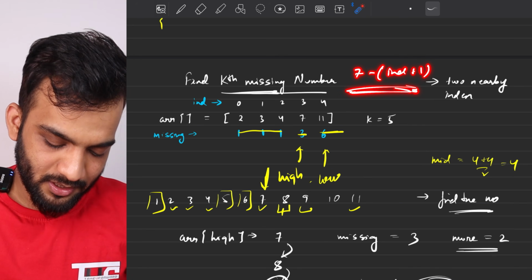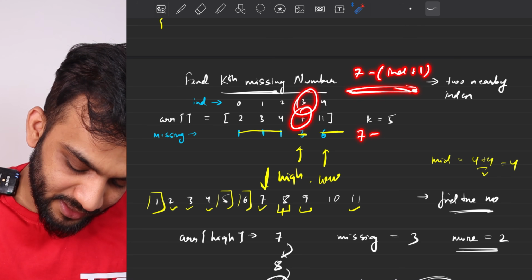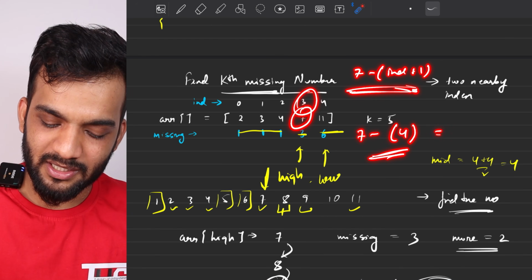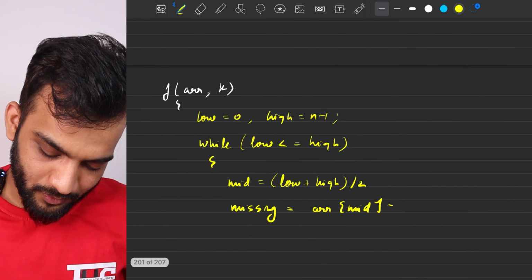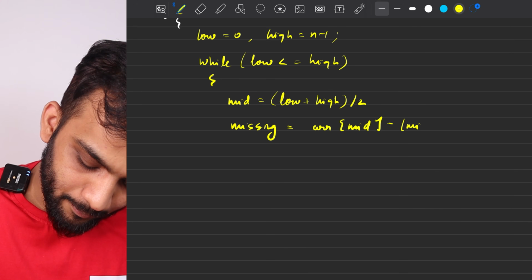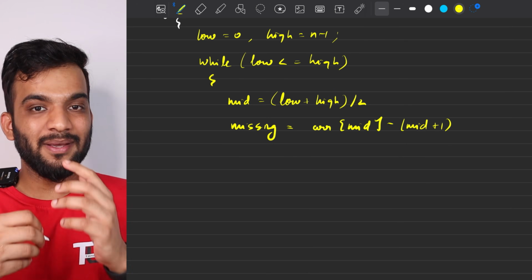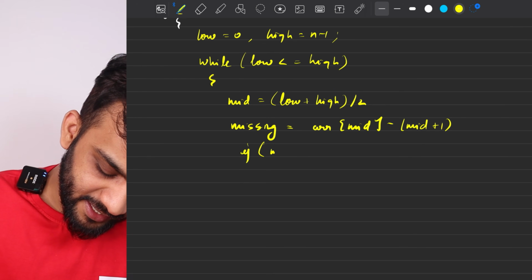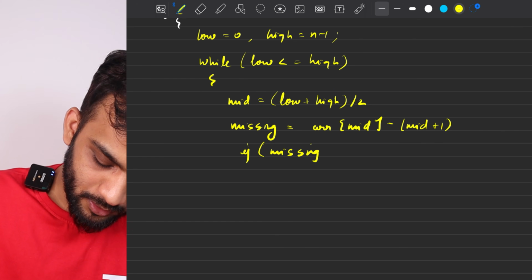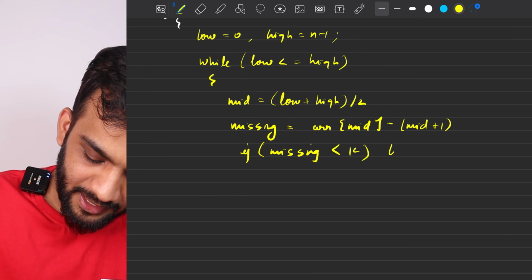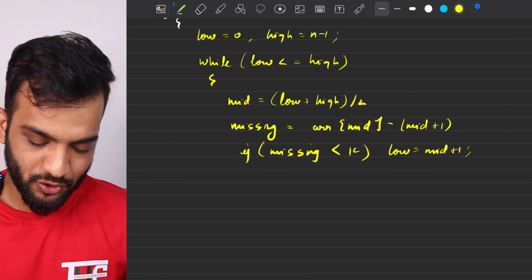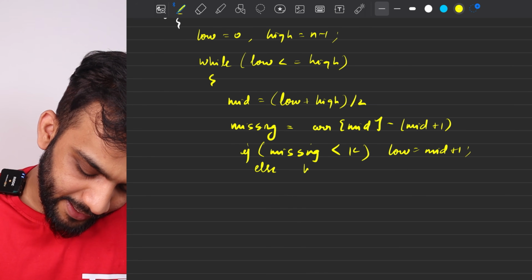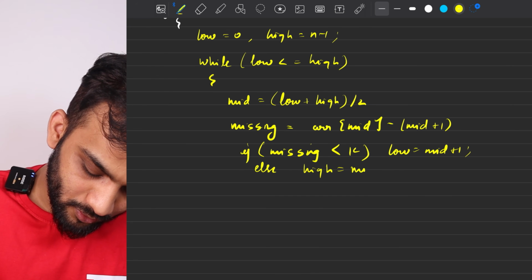I can. Thereby, I'll write this as array of mid minus mid plus 1. That will be my missing numbers. If missing is lesser than k, then I'll eliminate the left half because I'm looking for the range. Or else, I'll eliminate the right half.